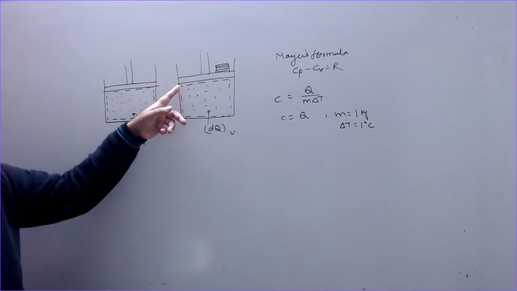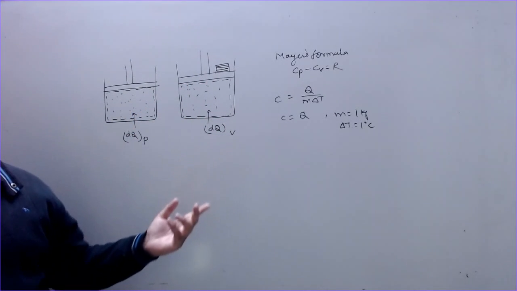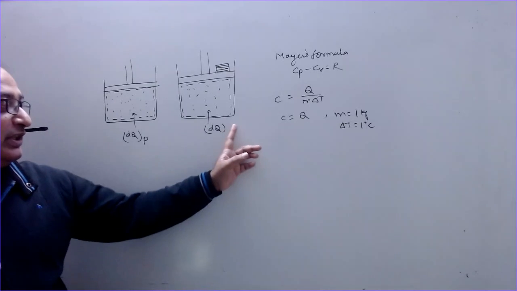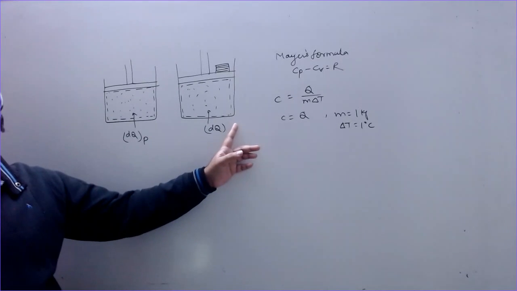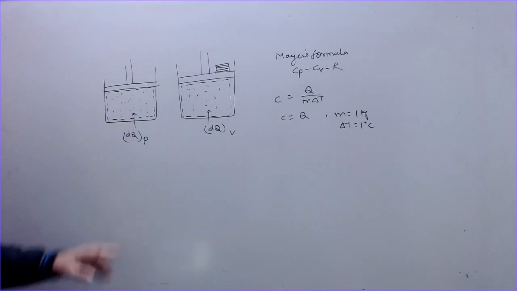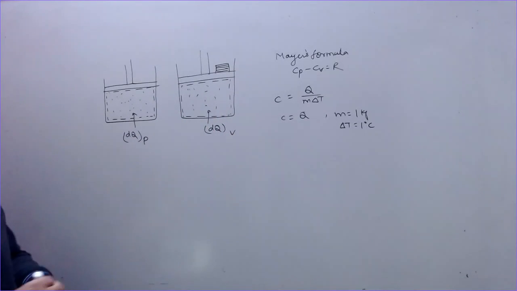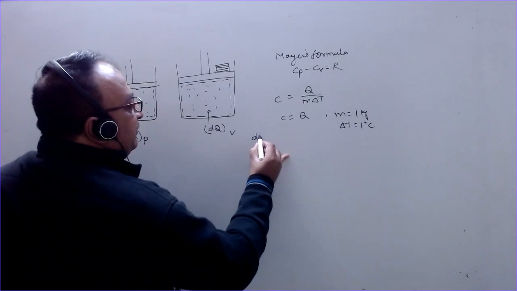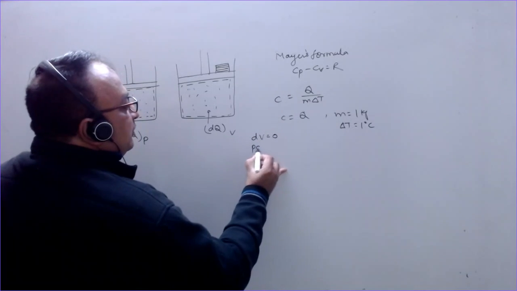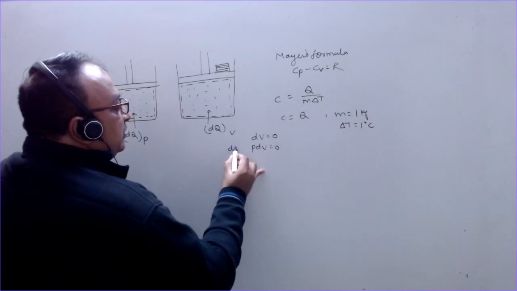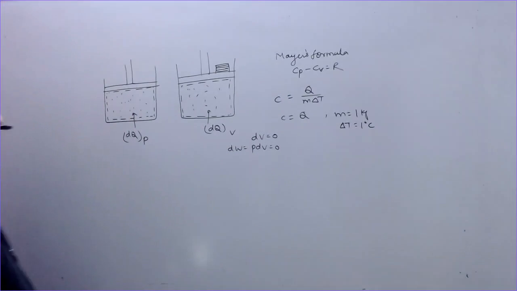That's why the volume is fixed, so it is a constant volume process. The pressure is increasing, but the volume is constant. So the work done due to expansion of the system, P dV, is equal to 0, as dV is 0, the change in volume is 0. So the work done by the system is 0.